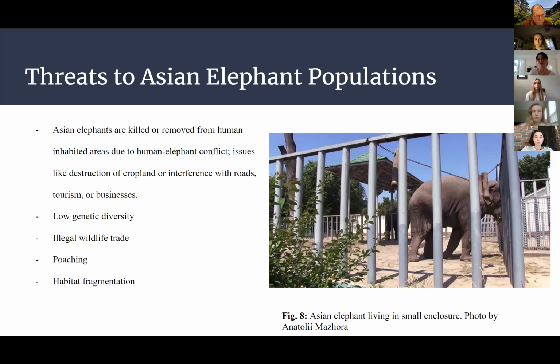For example, in China, many people secure their livelihood by growing pineapples, rubber trees, sugarcane, or bamboo, which are crops that are commonly raided by elephants. And since these crops are their source of income, basically they will stop at nothing to get rid of the elephants. So that definitely disturbs the population numbers.